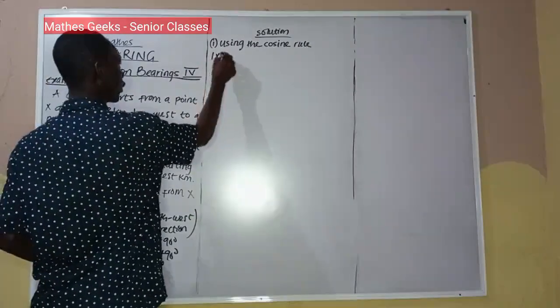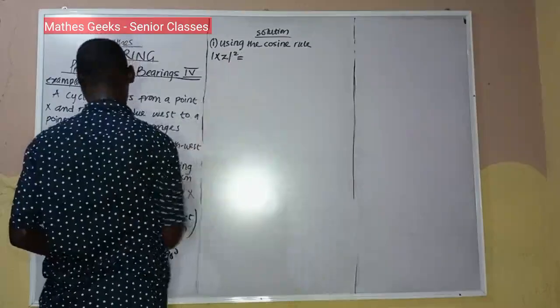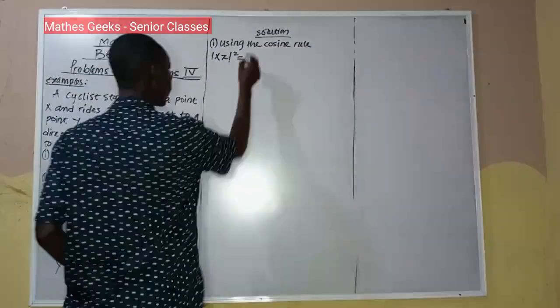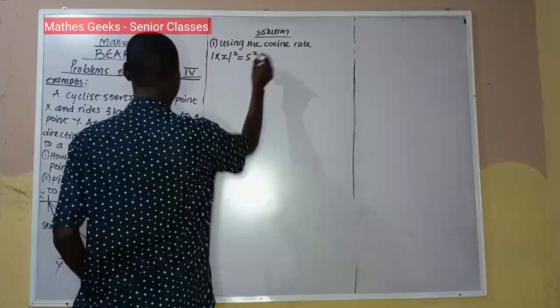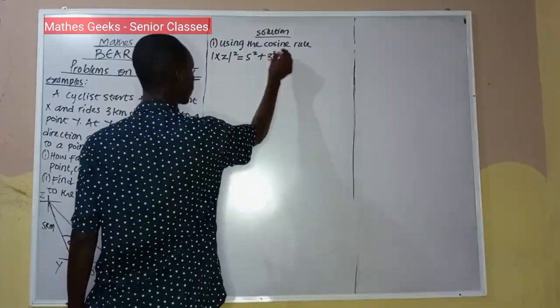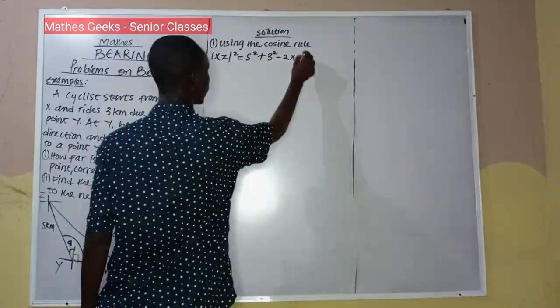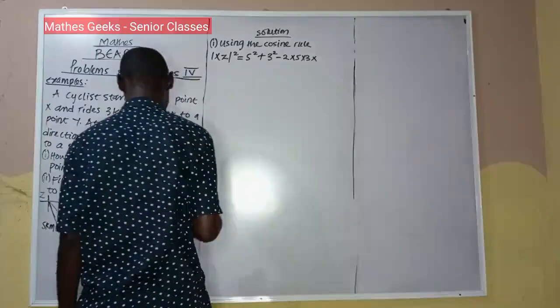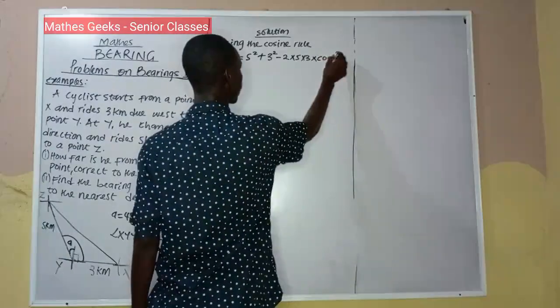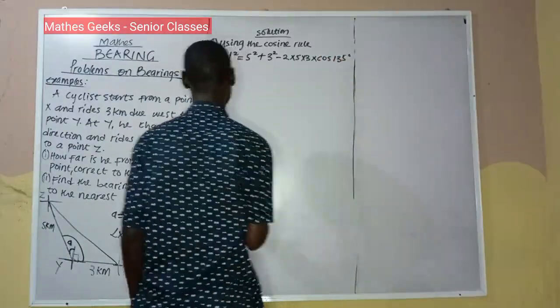Using the cosine rule, XZ squared is equal to 5 squared plus 3 squared minus 2 times 5 times 3 times cos 135 degrees.